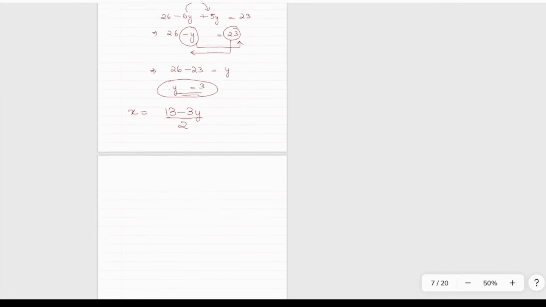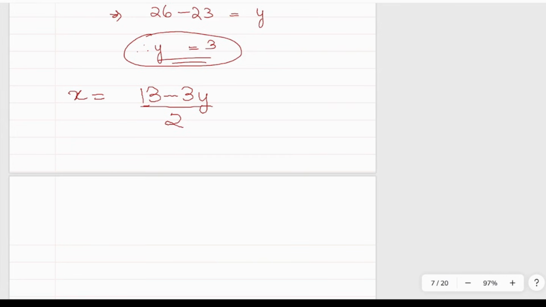Then we need to substitute y equal to 3 in equation number 3.